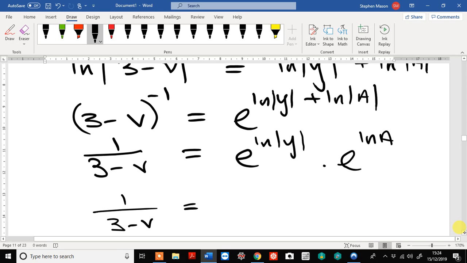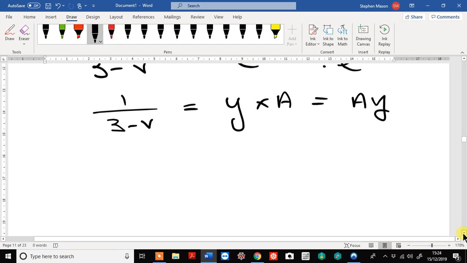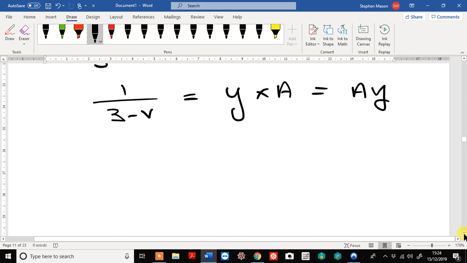So in this case, y times e to the power log of a is just a, so that's equal to a y. Now we just need to do a bit more rearranging because we've not quite finished. So we've got, taking the inverse of both sides.